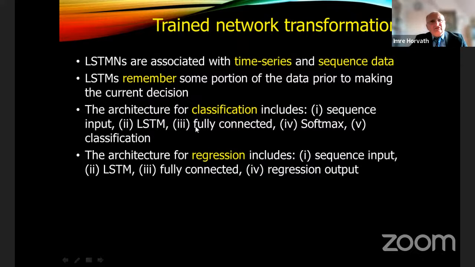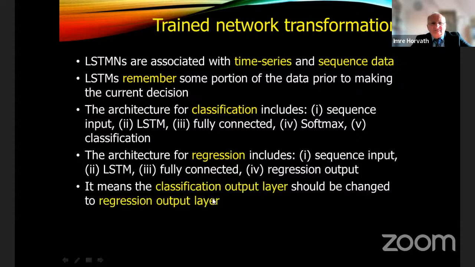So if we want to transform a trained LSTM network, then what we have to do is to replace the output layers. For instance, the softmax and classification layer, which is used, for instance, in MATLAB for classification purposes, can be replaced by a regression output, and it can be defined in the network architecture model.